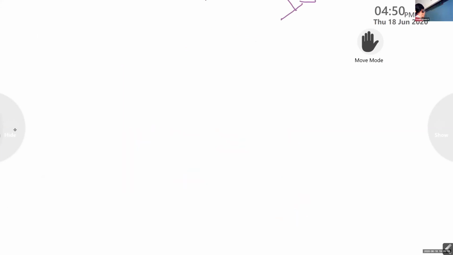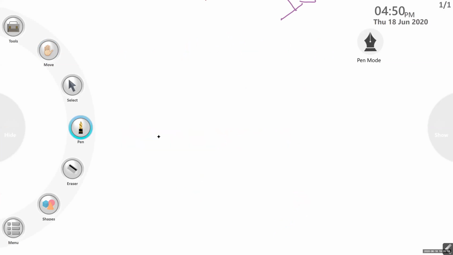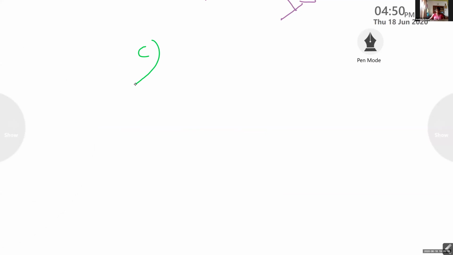Next question is, line L contains E and F but not D. So a line is there, and the name of that line is L, small letter L. It contains means there are 2 points in this line.